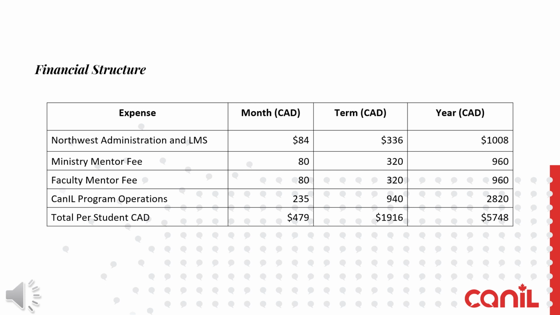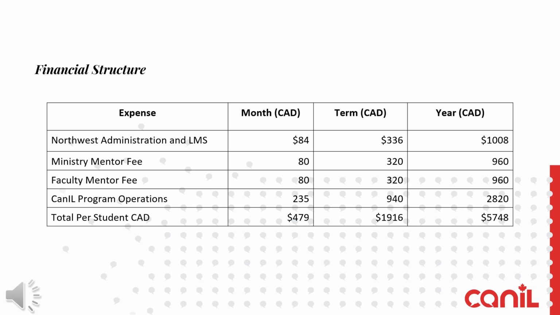The ministry mentor may need to help the student get from point A to point B. Maybe the student needs better internet coverage or something like that, so that goes to the field. The faculty mentor for his services gets paid $960 a year as well. This may also be for needing to travel to see the person, and maybe some of the costs they incur.